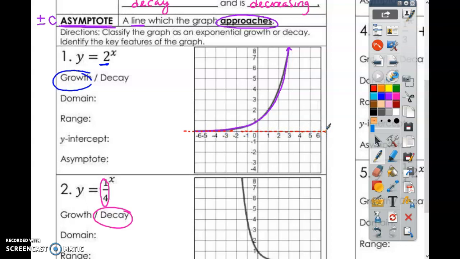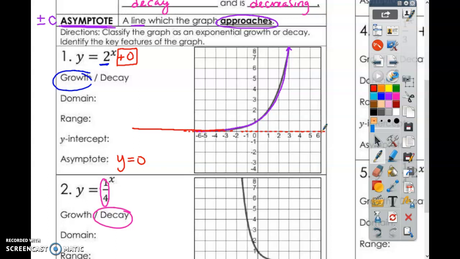It's never going to go down lower than that. It's just going to kind of go like this. So the asymptote for this one, plus 0, is y equals 0, because there is no number. So that's my 0. And here it is right here. It's an imaginary line at y equals 0.